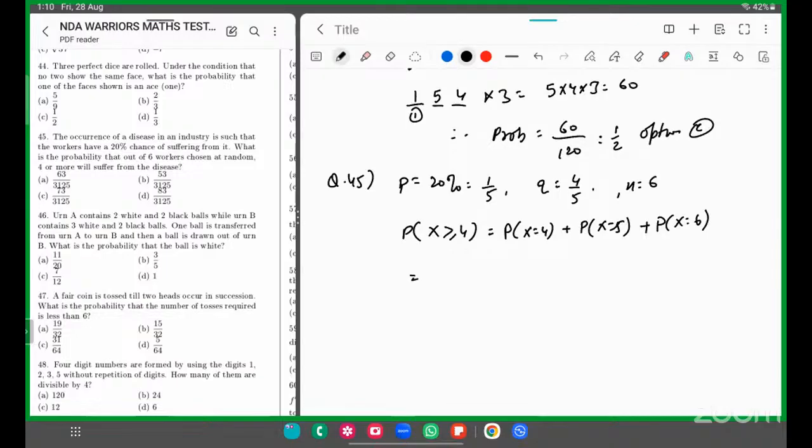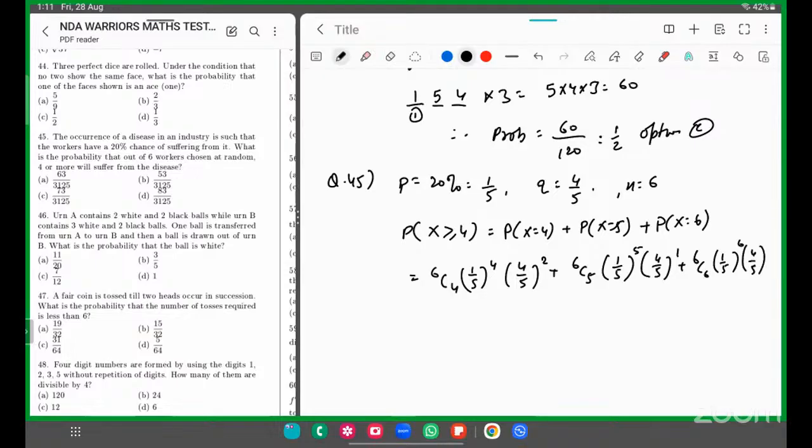That is 6C4 (1 by 5) raised to power 4 (4 by 5) squared plus 6C5 (1 by 5) power 5 (4 by 5) plus 6C6 (1 by 5) power 6 (4 by 5) power 0.